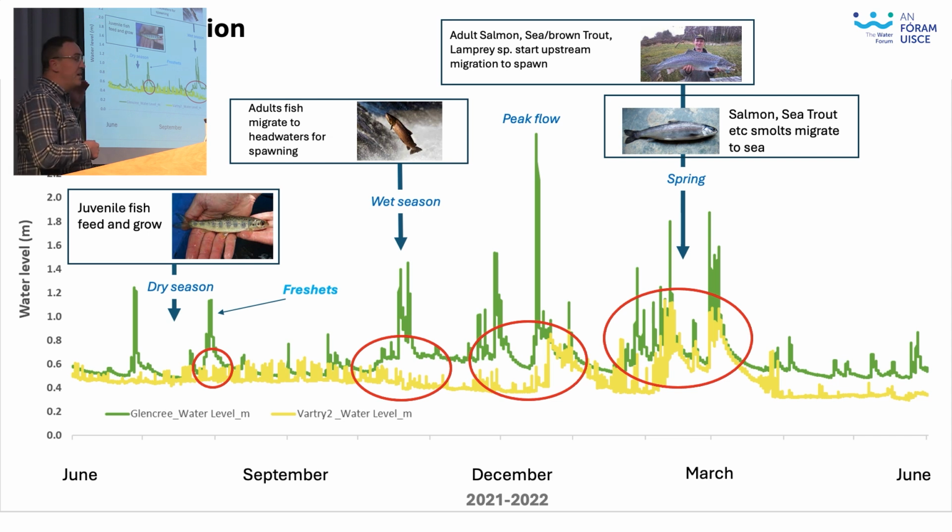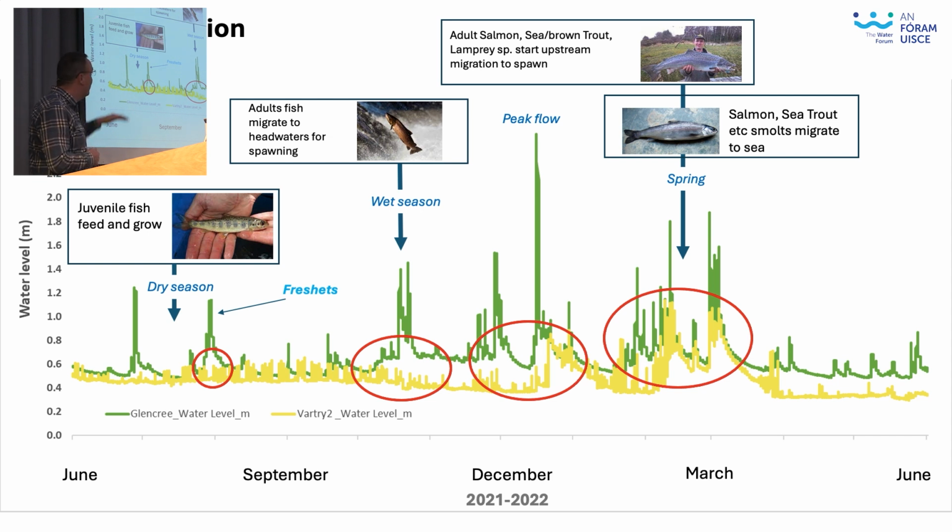This shows a time series for 2 rivers over a 12-month period from June 21 to June 22. The green line is the Glencree River on the east coast of Ireland, and the yellow line is the Vartry system, and the Vartry has a Roundwood Reservoir at the top of it. It's just down the road from Glencree, but you can see they have very different signatures in terms of their hydrograph, that is, water level changes.